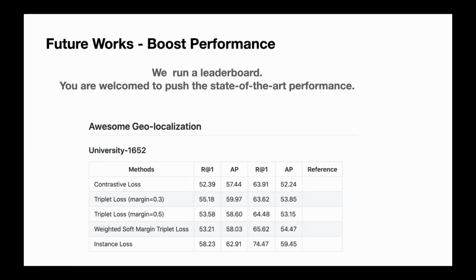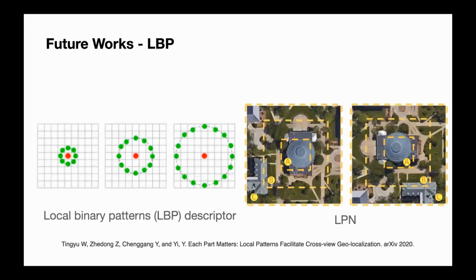And we have done several works based on LBP, local binary pattern description. This paper is submitted to TCSVT, and we think it's just under major revision. And yes, we think it is also a potential way to combine the traditional method with our data set.